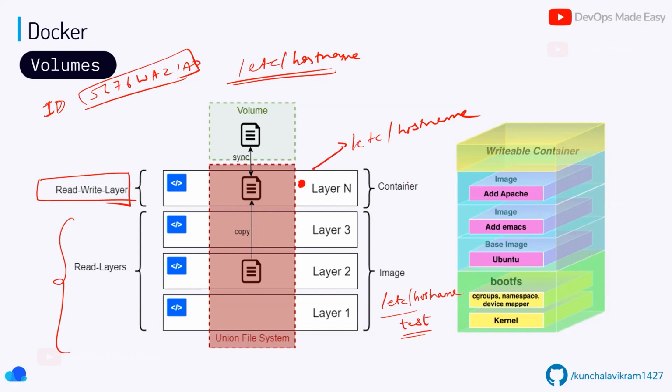Now, if I have to take a backup of a container, which layer should I take as a backup? I should take the complete read write layer, right? Correct?